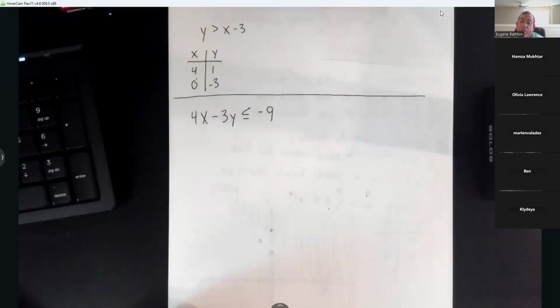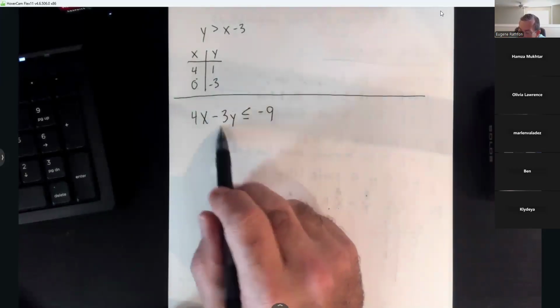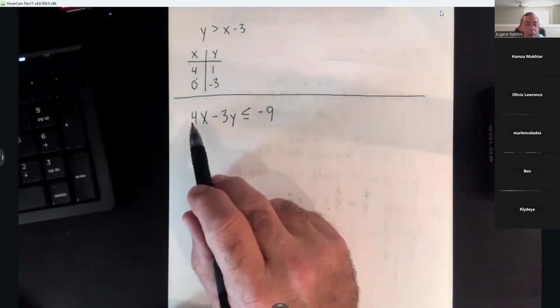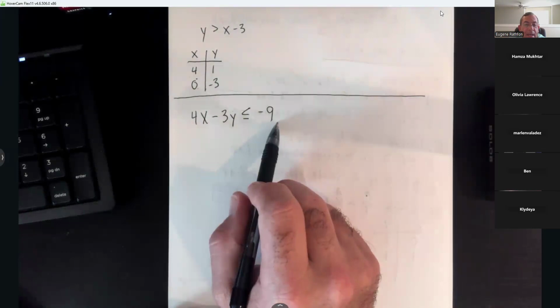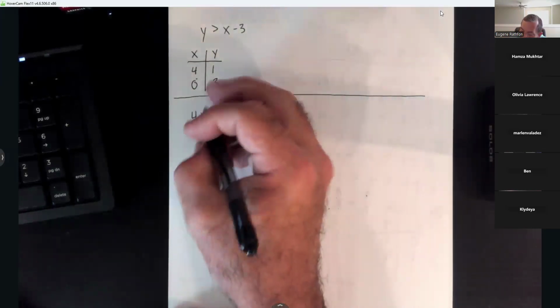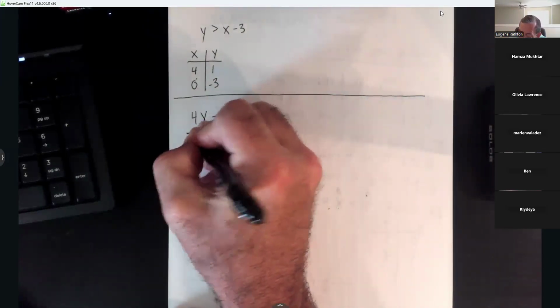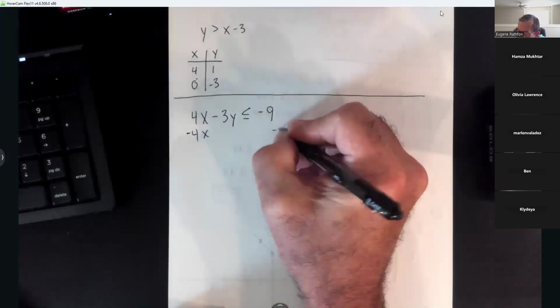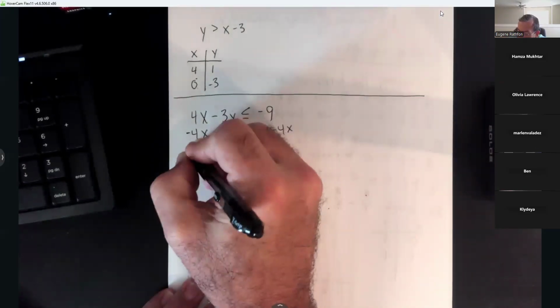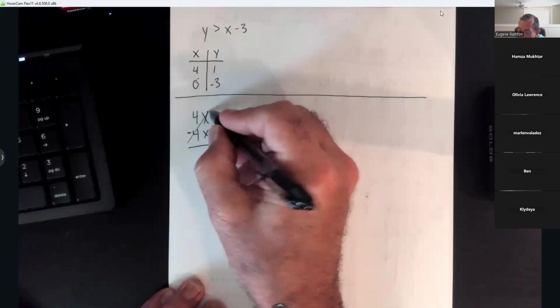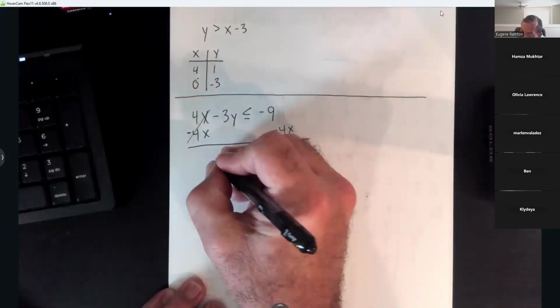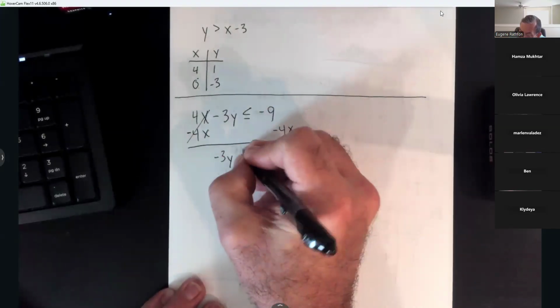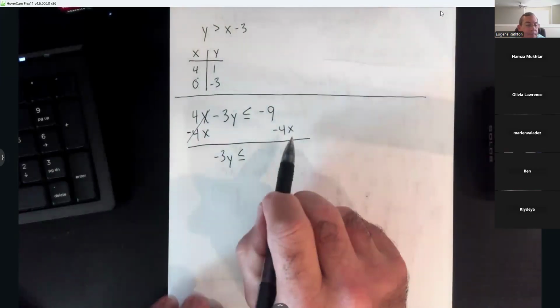That way, if you wanted to use your calculator to get points, you could. Since I'm solving for y, I'm going to move the 4x to the other side. Since the 4x is positive, we would subtract 4x from both sides.